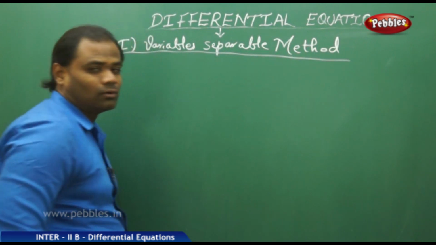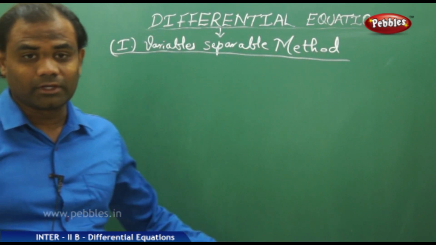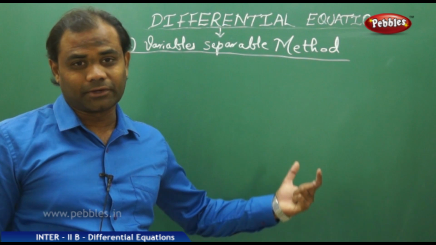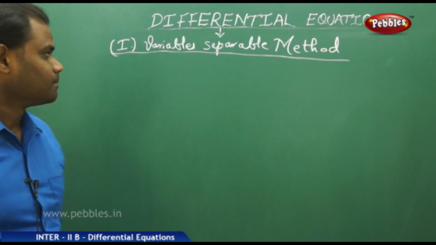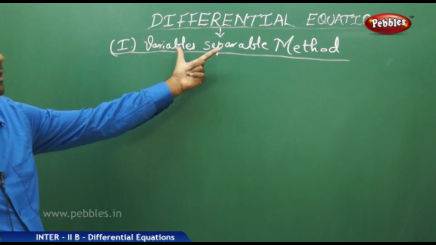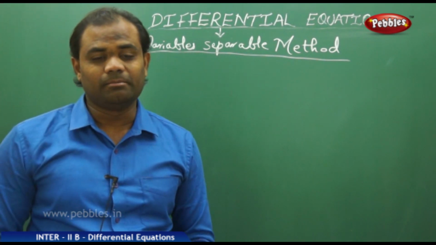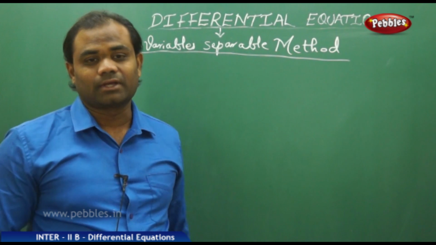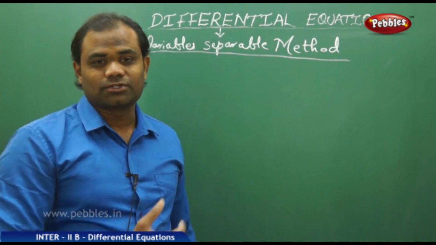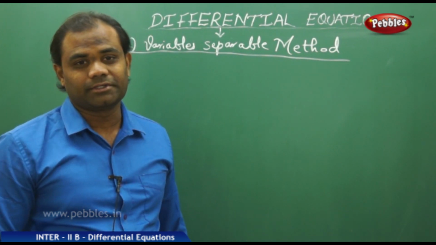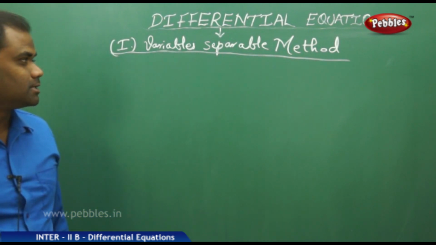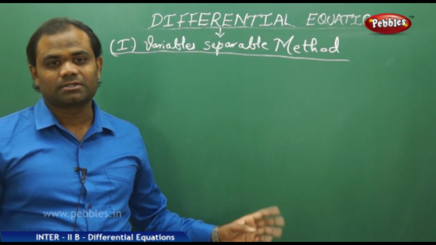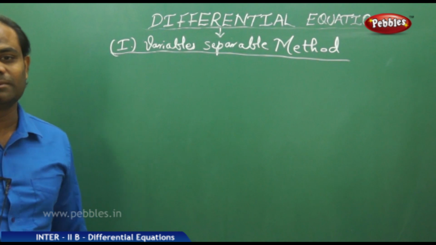So let's see how this method helps in solving the first order and first degree differential equation. As the heading itself says, variable separable method, it is very important we separate the 2 variables x and y in the first order first degree differential equation. So the method is about separating the variables and then solving respectively.